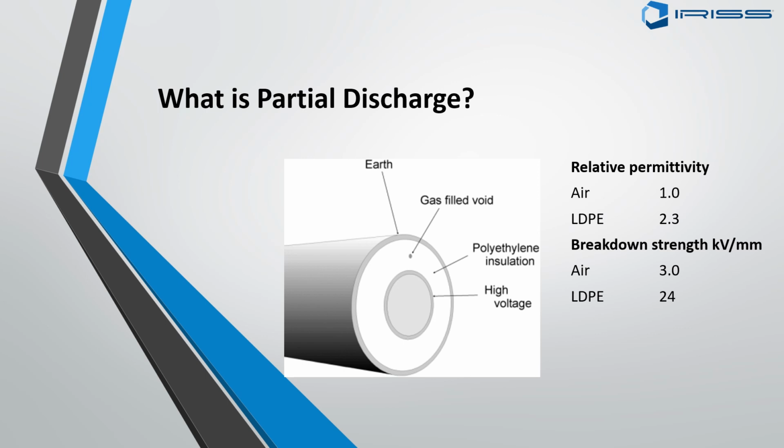Well, it's because the dielectric breakdown strength of air is so much lower than the polyethylene, LDPE material that makes up the actual insulating casing of the cable. So it doesn't take super high voltages for us to break over that withstand voltage and actually cause a partial discharge of energy to take place.